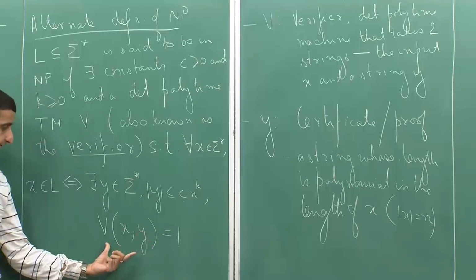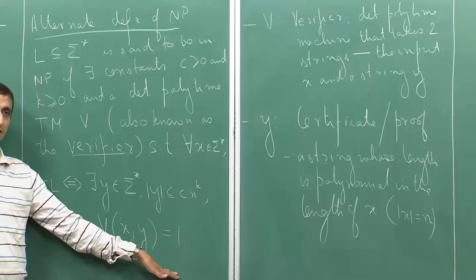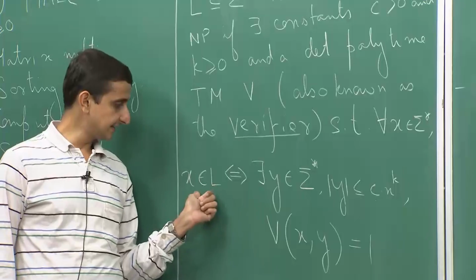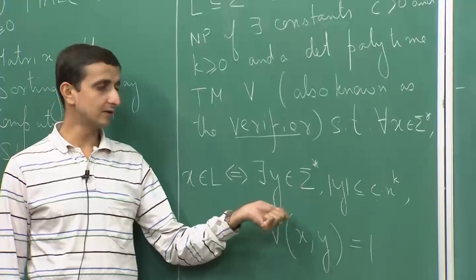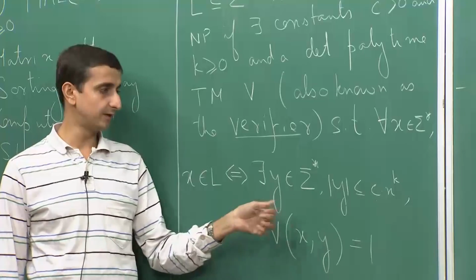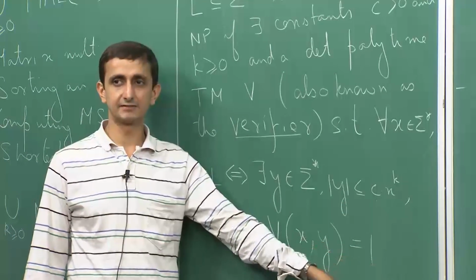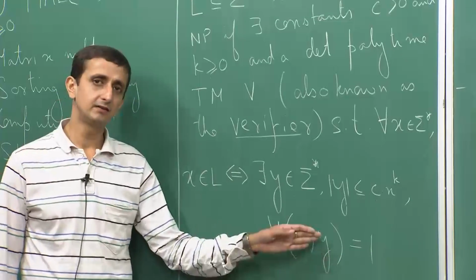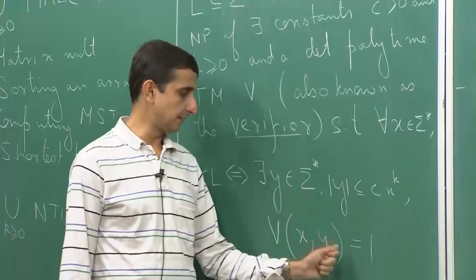Such that if the verifier is given these two strings x and y, it will accept. Okay. On the other hand, if x is not in L, okay, then there is no such y. In other words, for every y, no matter what y you give, whose length is at most this one, the verifier always rejects. That is, the verifier will output a 0. Okay. So, this is the important fact.